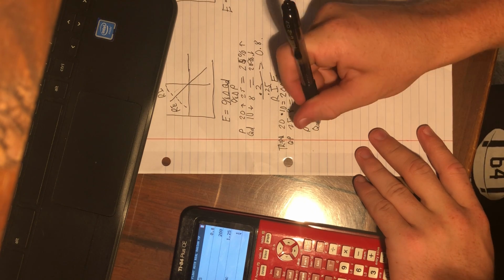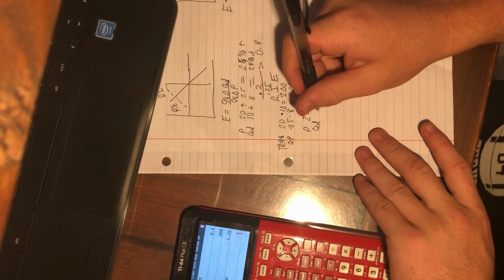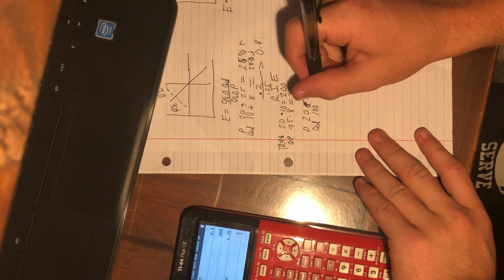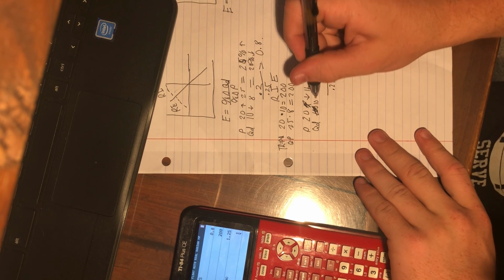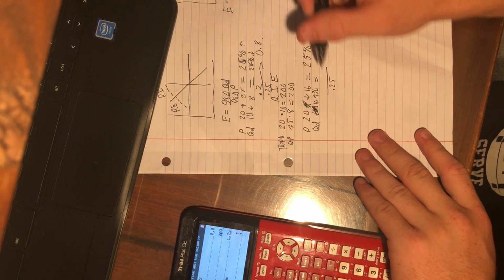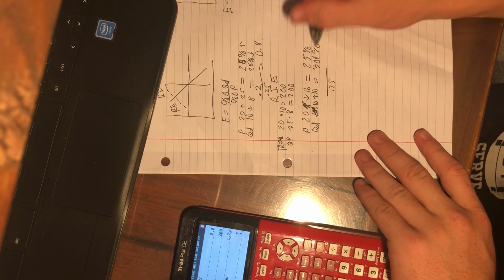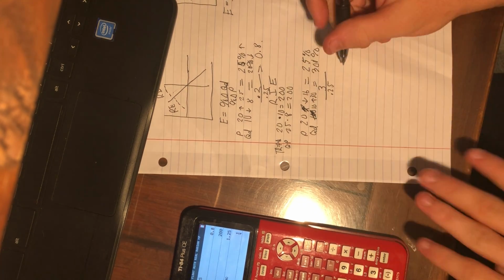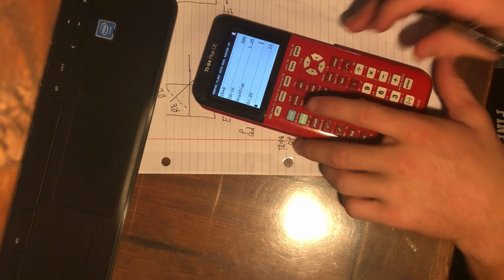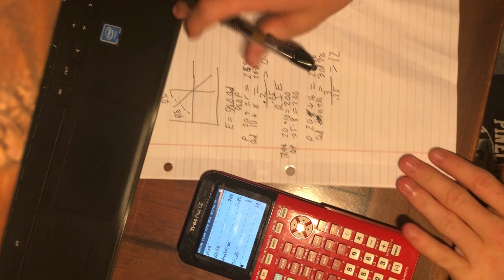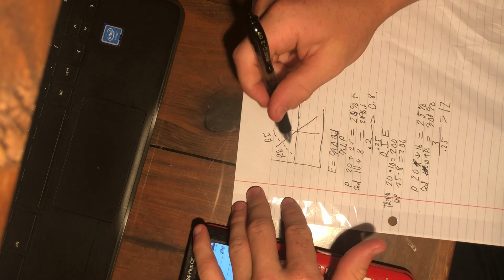And the quantity demanded is going to go from 10 to 30, which is 300%. So 3 over 0.25 equals 12. On the graph, it is relatively elastic.